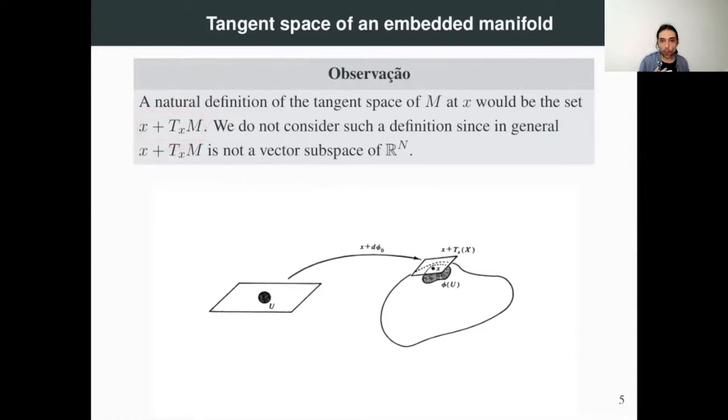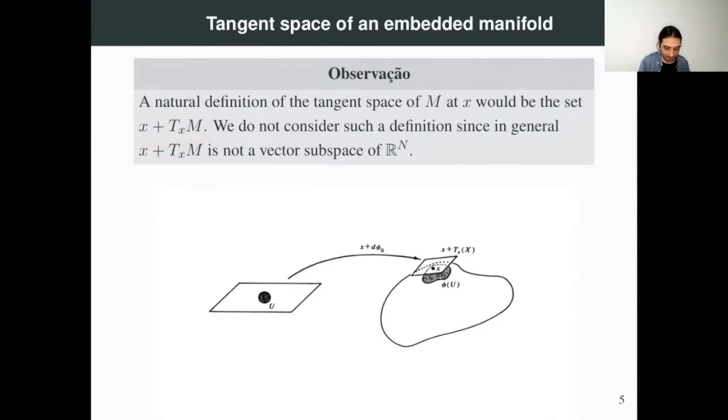But why are we not considering that as the definition of the tangent space? Because you win something, and it's that your new definition fits better with the idea of best linear approximation, but you lose something, which is that it's not a linear subspace anymore, at least in general. In general, this is an affine subspace of R^N, but it's not linear.